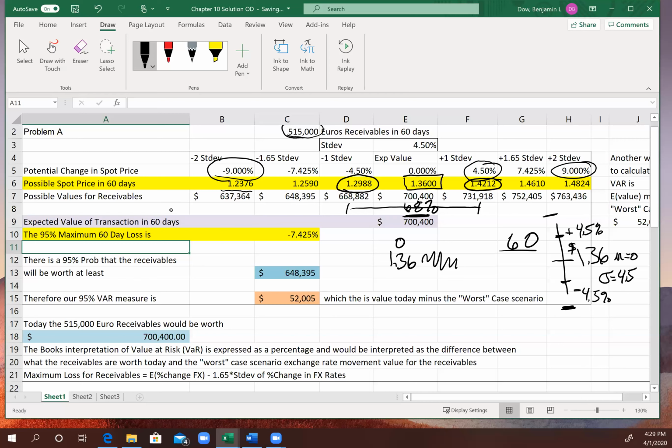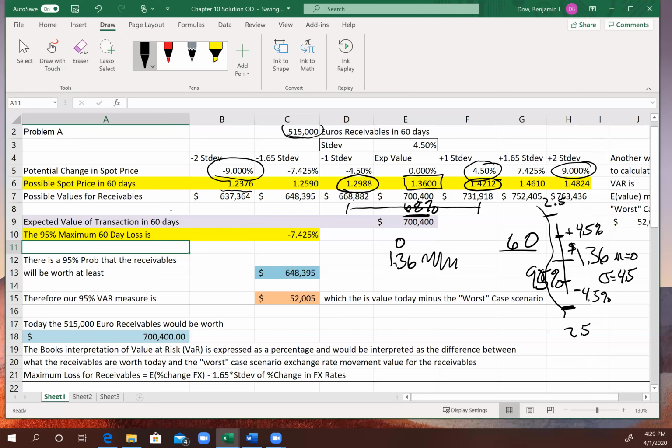Now, that would make you very, very certain about what would happen. In fact, you'd be 95% certain, and that would only leave you 2.5% on each tail.